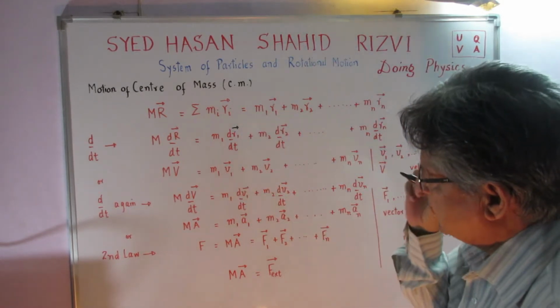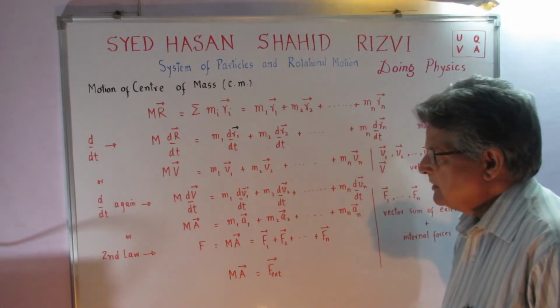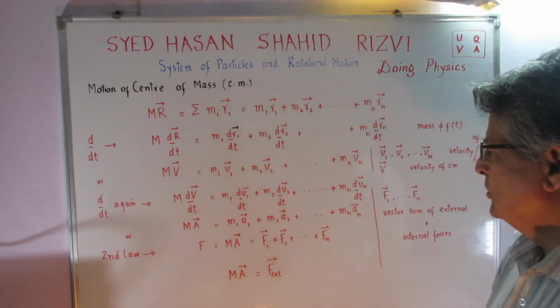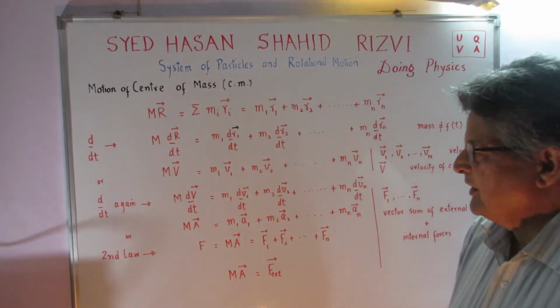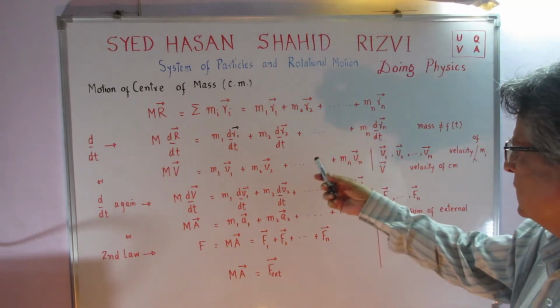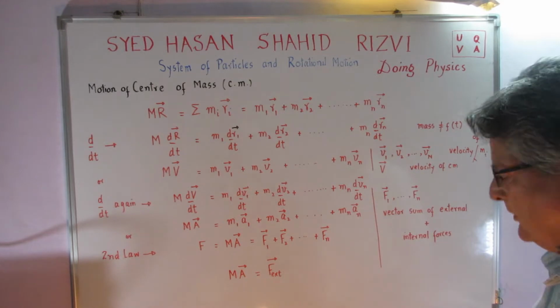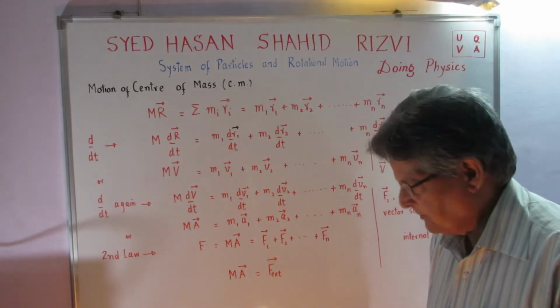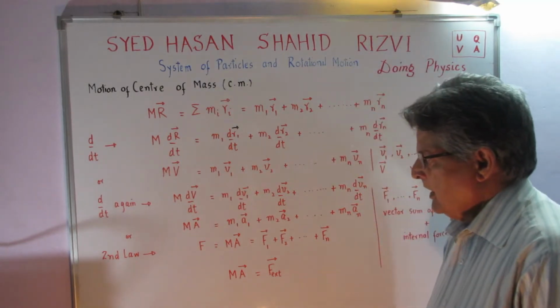Then I can write it as m1 v1 plus m2 v2 plus and so on plus mn vn. It's just a simple exercise in writing. We get this relation where v1, v2, v3, vn etcetera are the velocities of the respective particles, and V is the velocity of the center of mass.